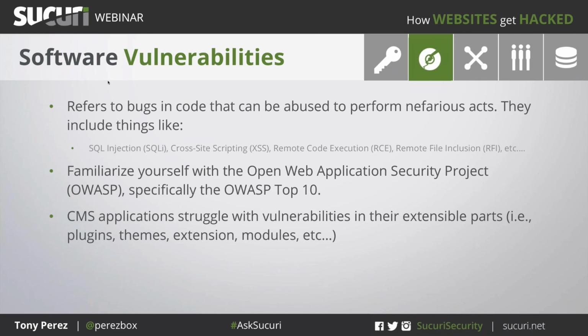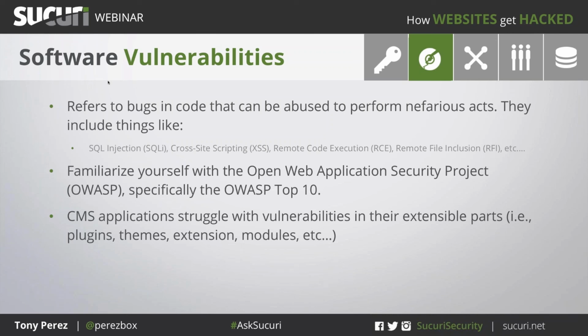When we look at software vulnerabilities, we're talking specifically about bugs in code, right? And sometimes the security issues are very blatant, like, okay, wow, that piece of code is not doing the proper sanitization or validation. And so we can expect something like a cross-site scripting attack, or something like a SQL injection attack. But sometimes it's a little bit more complicated than that, right?